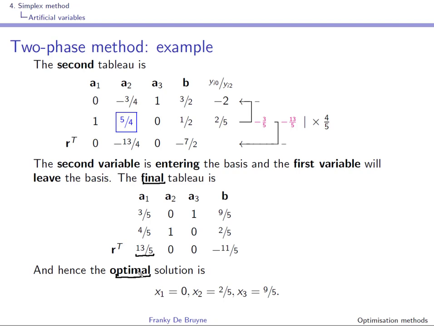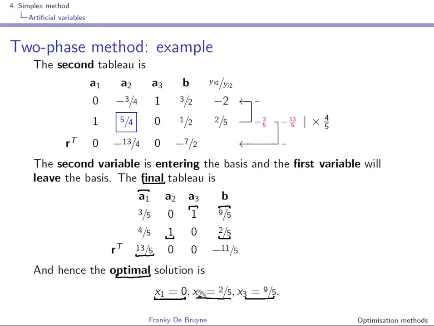And how do you find this optimal solution? Well, this is a non-basic variable, so you set x1 to 0, and you can read the solution from the tableau. x3 is 9/5, this is what you have over here, and x2 is 2/5, and this is what you read over here.